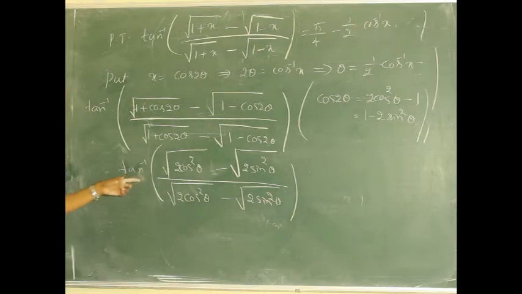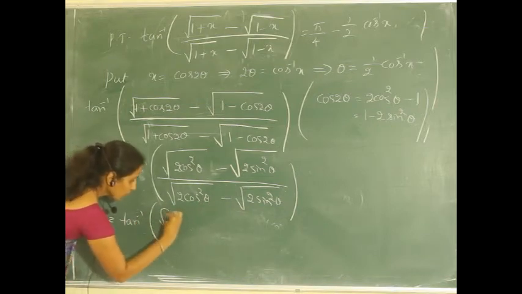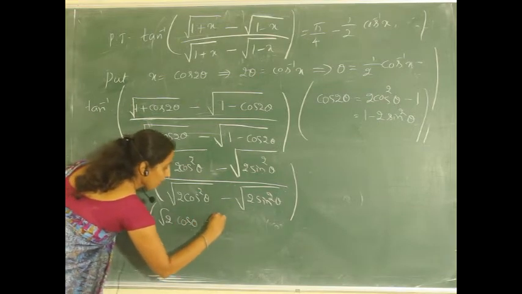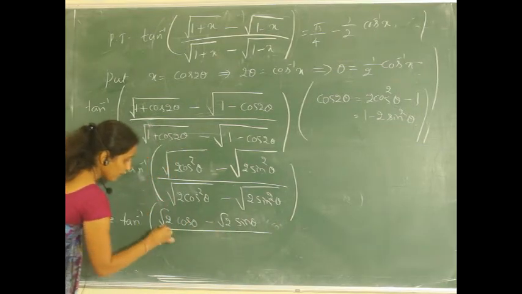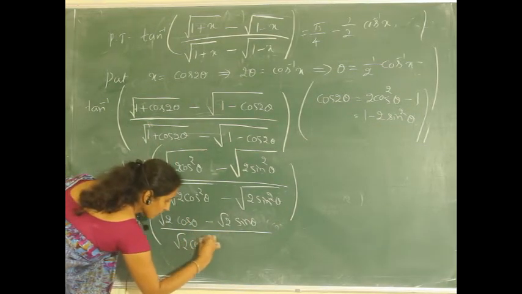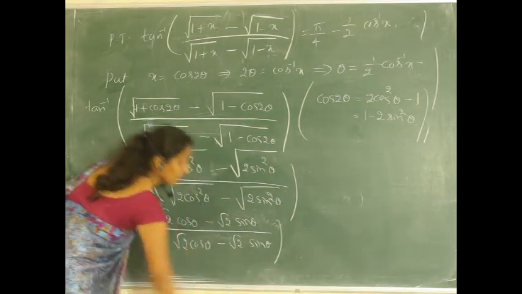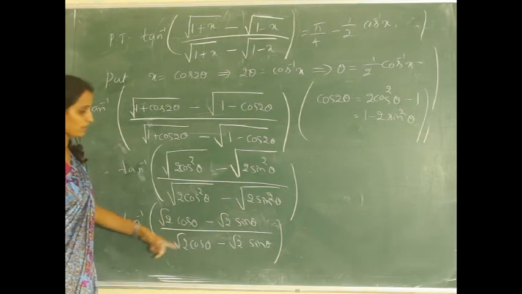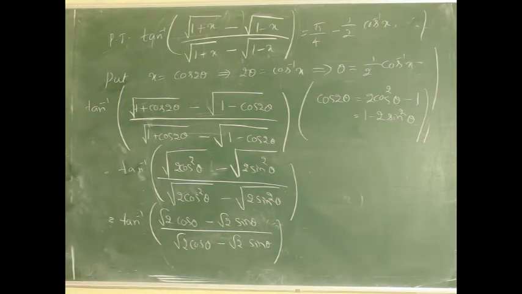Now this is equal to tan inverse of root 2 cos theta minus root 2 sin theta divided by root 2 cos theta plus root 2 sin theta.